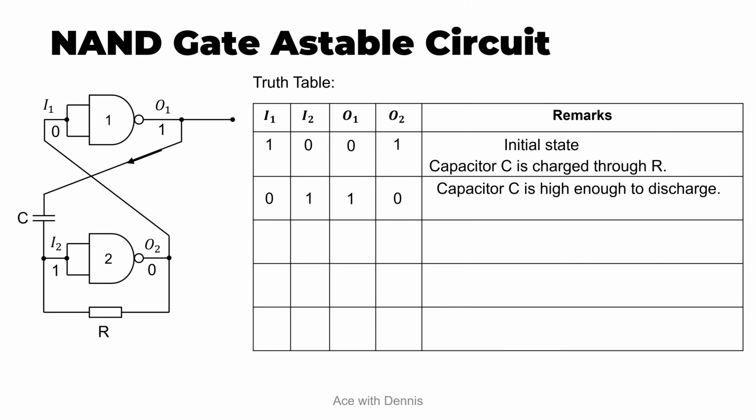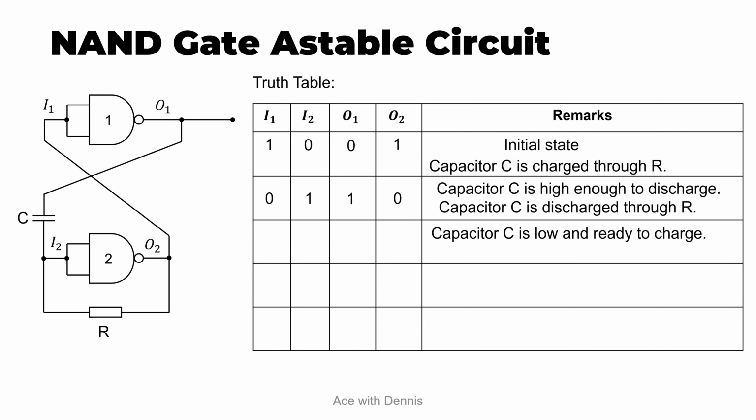So the current will flow through output 1 and discharge capacitor C through the resistor R. After discharging for some time, the capacitor C is low and ready to charge again. Hence, the input 2 will be 0 and the output 2 will be 1, which means that input 1 will be 1 and output 1 will be 0.